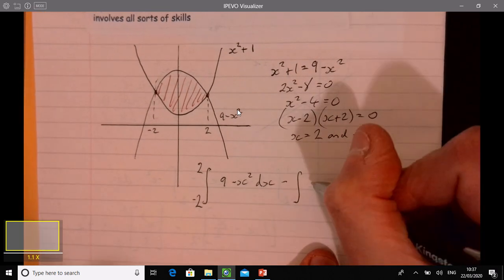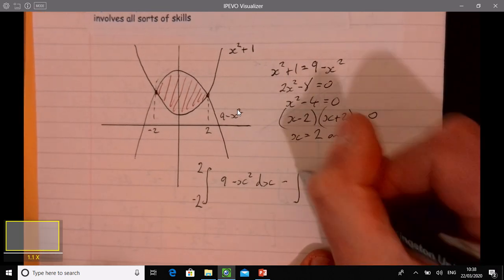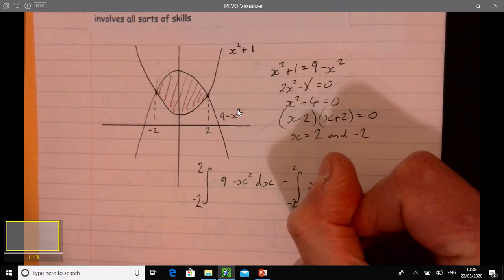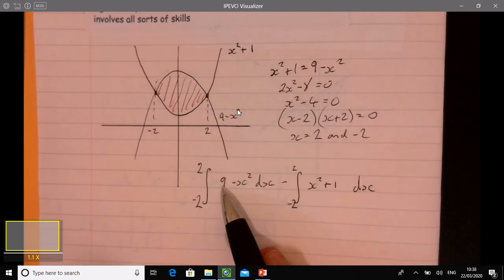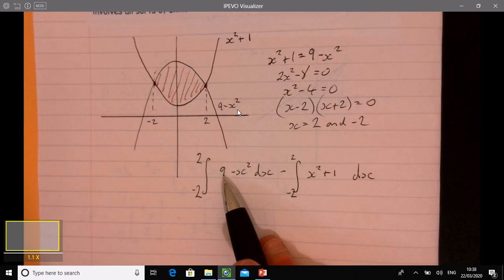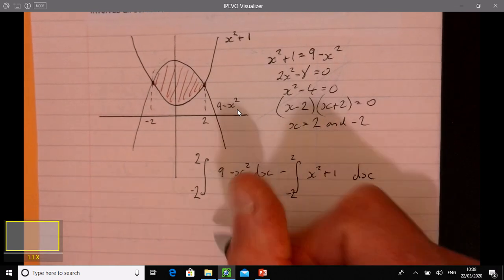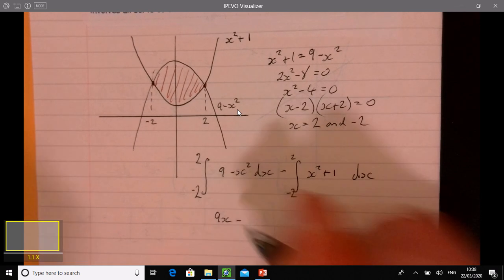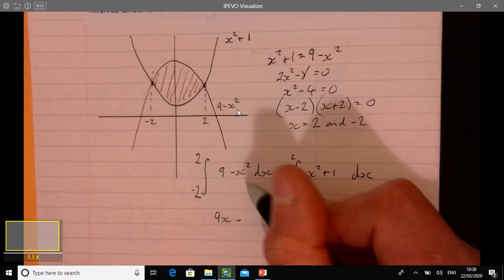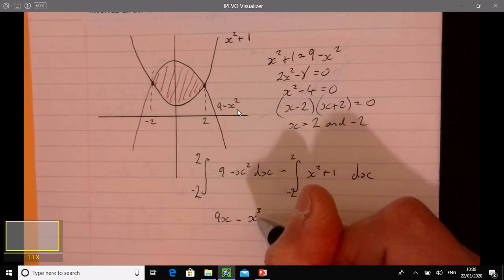We're integrating as well x squared plus 1 between 2 and minus 2, all with respect to x. Remember what I said before? Keep practicing actually integrating these things, and try as much as possible to set them out in the correct way. Okay, so relatively easy ones to integrate.